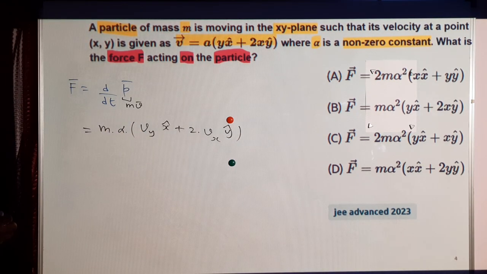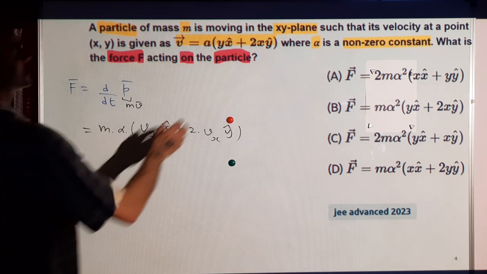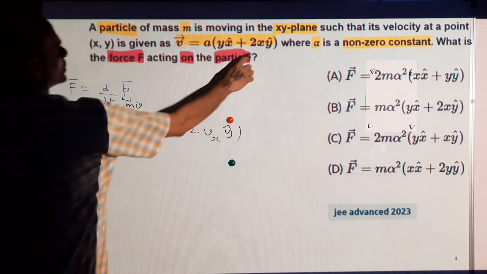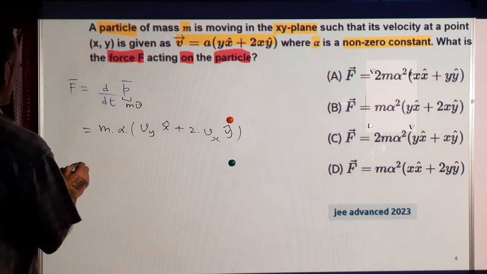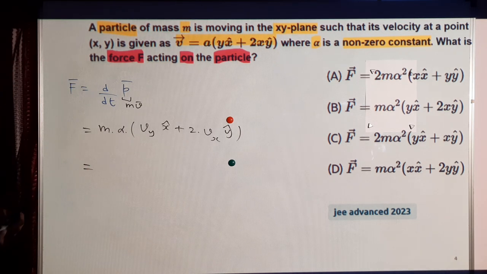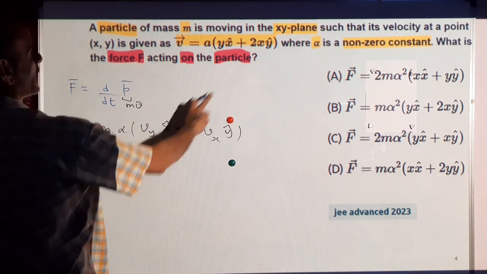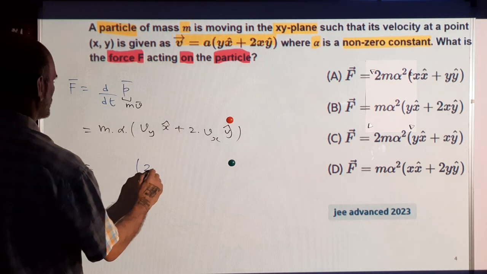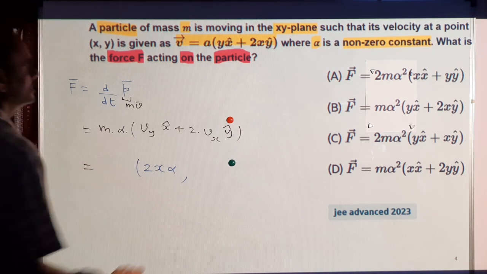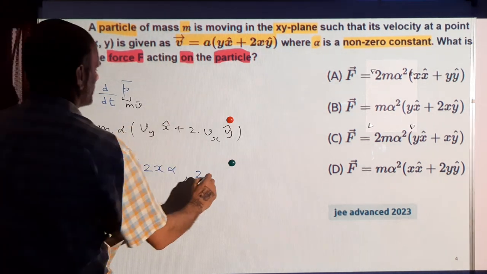Vy is the y component of the velocity, which is 2x alpha, and the x component of the velocity is alpha y.